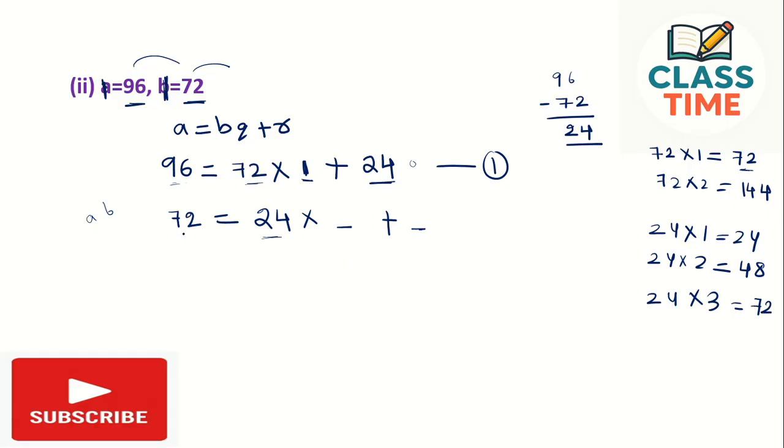The expected number is 72. So, with what number do we need to multiply? 3. So, 24 into 3 is 72. So, what will be the remainder? 72 minus 72, that is 0. So, we are getting remainder as 0. So, we need to stop here.